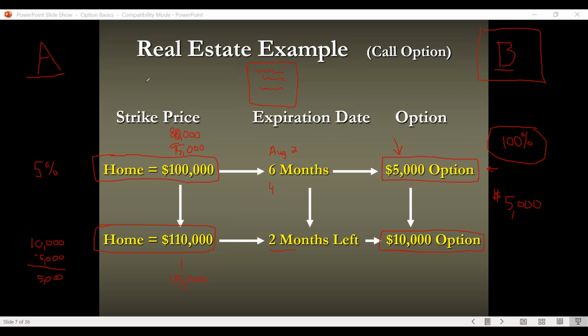If I'm buying a $100 stock, it could drop down to $20, and I could lose $80. Whereas if I had a $2 option, I can't lose more than that $2.